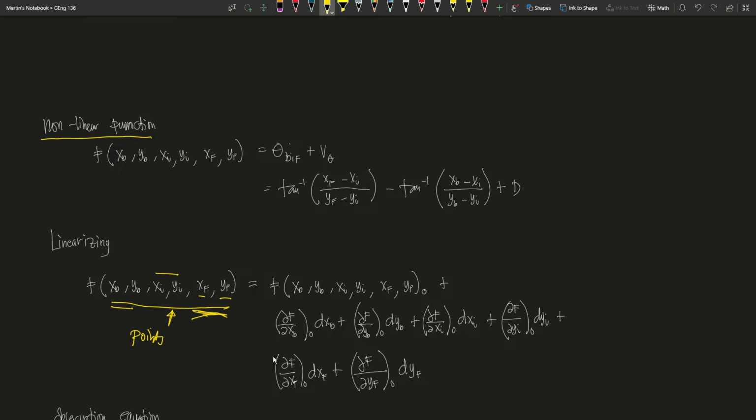Then we equate this to the formula as previously defined. When we linearize, again using the first-order Taylor series approximation, we have this plus the partial derivatives of the function with respect to the coordinates x sub b, y sub b, x sub I, y sub I, x sub f, and y sub f.